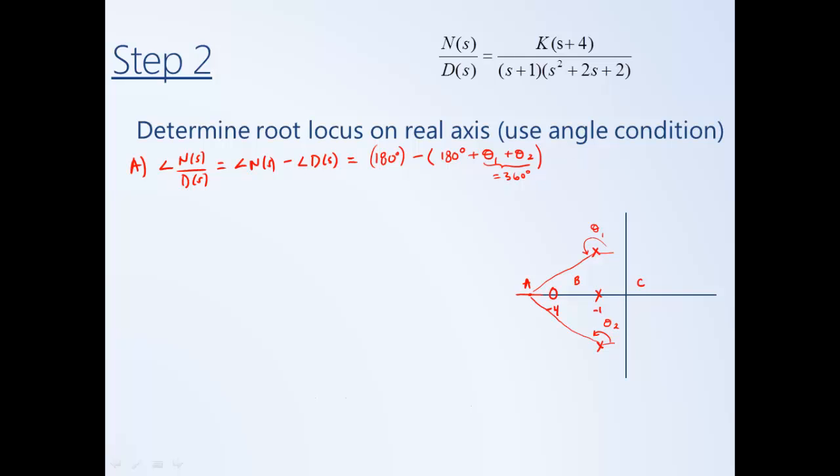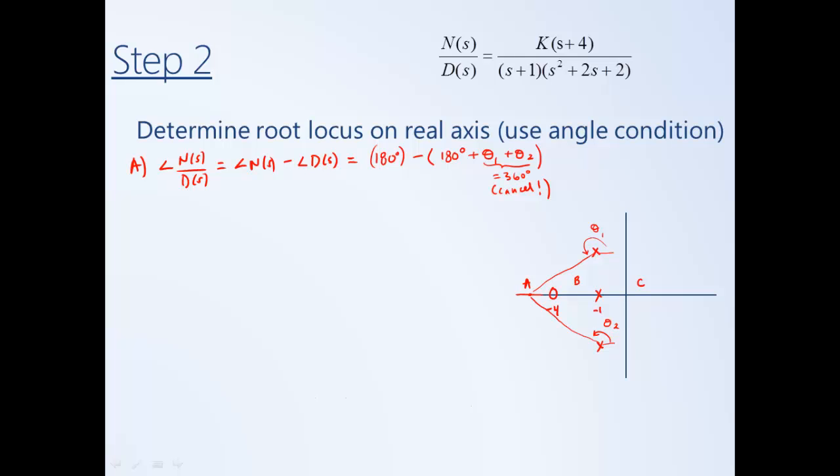And since adding 360 degrees to an angle basically takes us back to the same location, we can disregard these conjugate poles that are off of the real axis, because their angles will always sum to 360. In essence, they always cancel. So we don't have to explicitly take them into account.